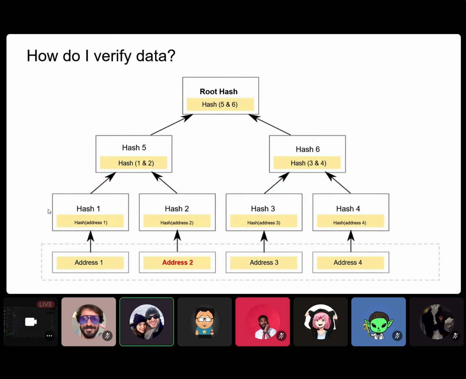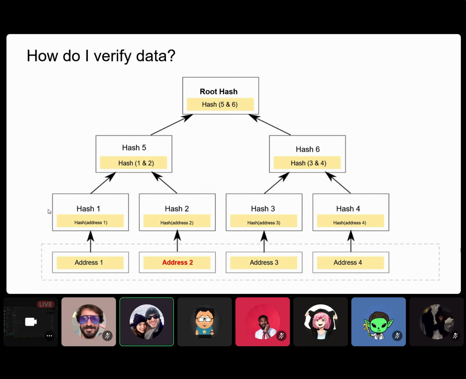As far as how you verify data, for example, if I have a list of 4 addresses down here at the bottom, and I want to create a Merkle tree from this list, I'll get up to the root hash, and now all I need is the root hash. So if I wanted to verify the second address, I wouldn't need my entire list of addresses to calculate the root hash.